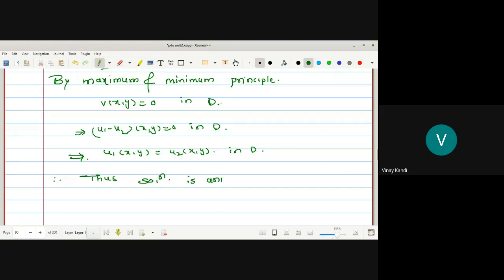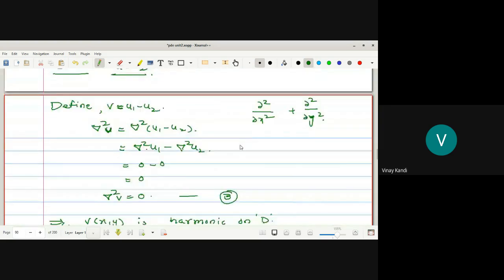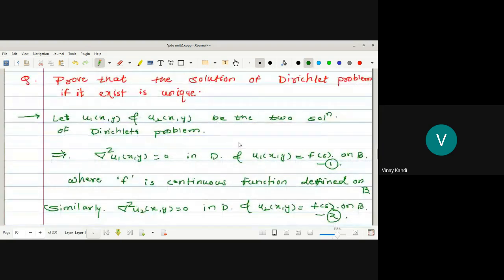Any problem? If you have any difficulty, you can ask. So this is the proof that if a solution of the Dirichlet problem exists, then it is unique.